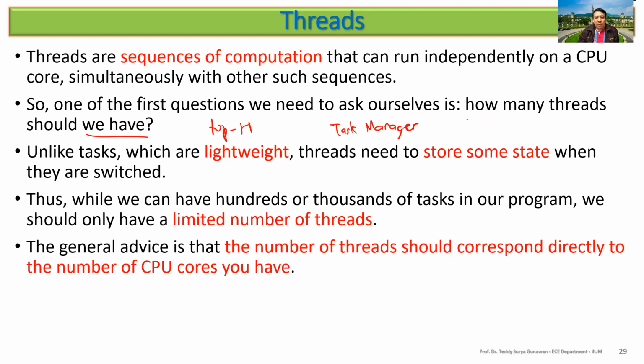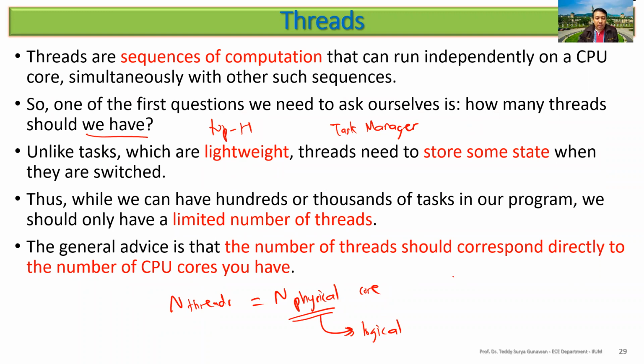But if you want to optimize, then normally the number of threads is the same as the number of physical cores. Why physical, not logical?